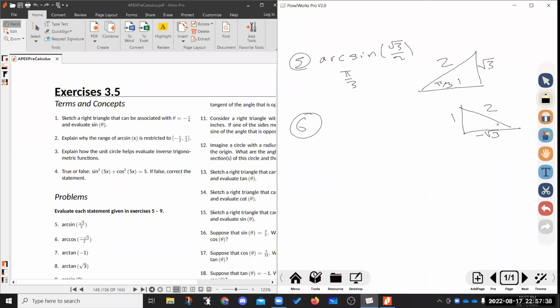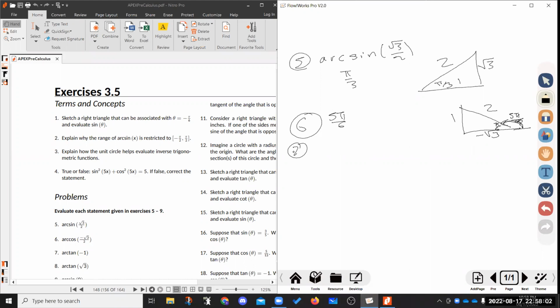This reference angle is going to be pi/6 here. So that means that this angle here is going to be 5pi/6 to get me over there, because I'm pi/6 away from pi.